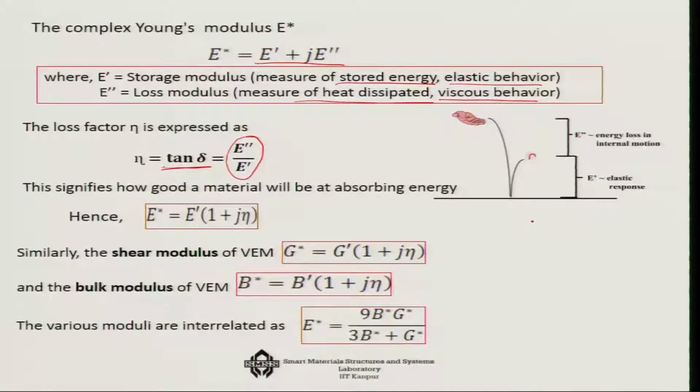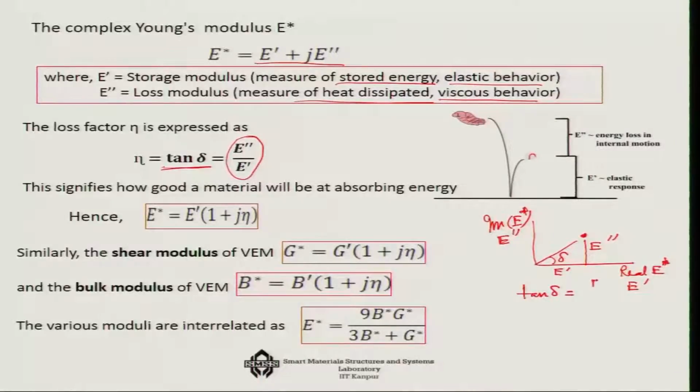You consider the real part of E star, that is our E prime, and the imaginary part of E star, that is my E double prime. So, basically, if you want to locate a particular point, you have this pair of coordinates here. You have E prime as the real modulus and E double prime as the loss modulus, and this angle here, delta, is expressed as tan delta.